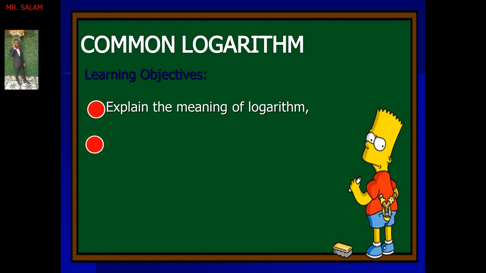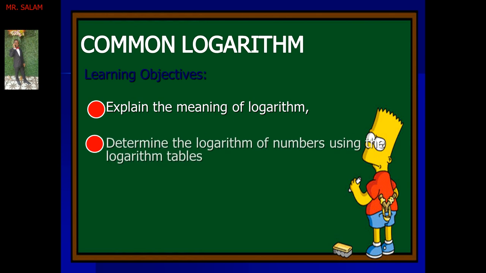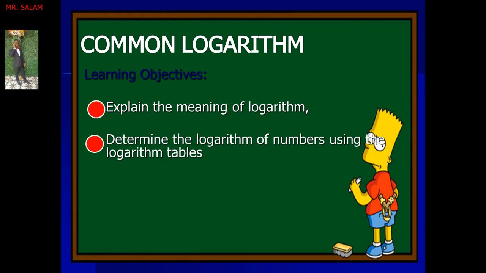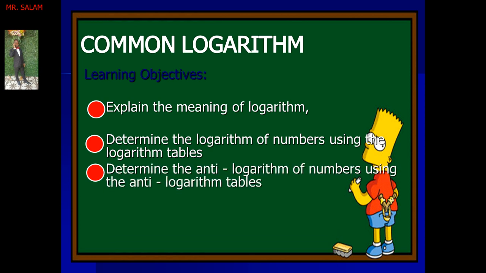Number two, you should be able to determine the logarithm of numbers using the logarithm tables. Number three, you should be able to determine the anti-logarithm of numbers using the anti-logarithm tables.